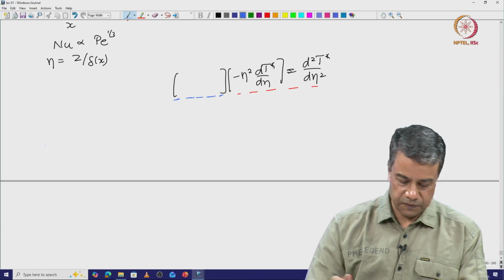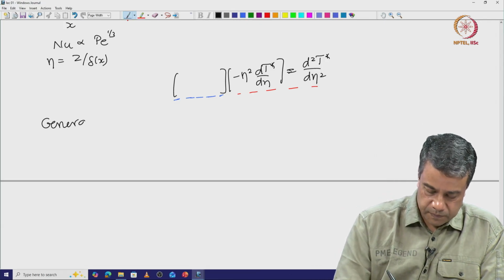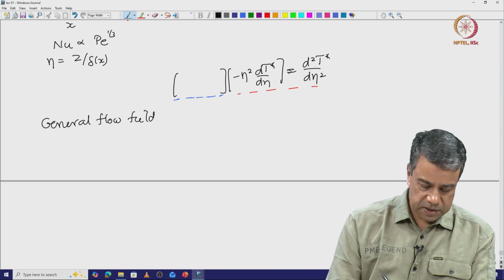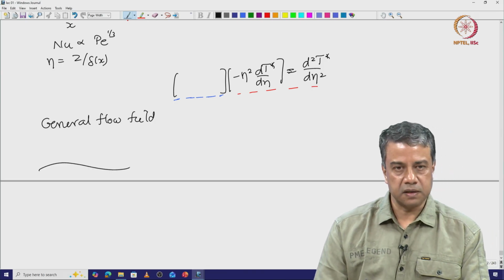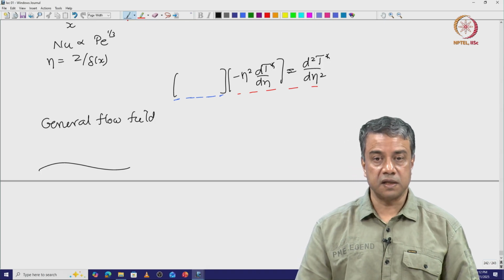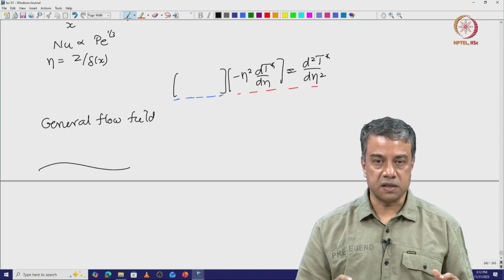case of a general flow field. So, let us say that you had some variation in this. The assumption is that the radius of curvature for the variation in the height is large compared to the boundary layer thickness.